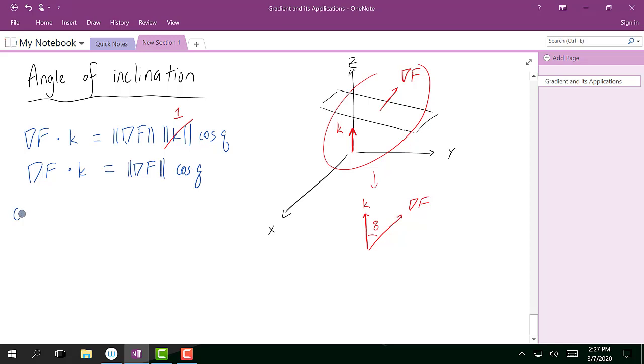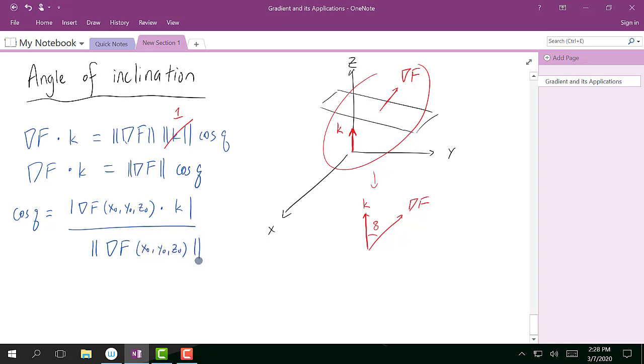And so what this means is the cosine of q is going to be, and we typically take the absolute value just to make sure we get the positive, the gradient of F at some point x naught, y naught, z naught, dotted with k, all over the magnitude of the gradient at this point.